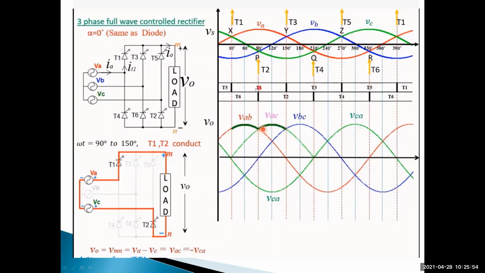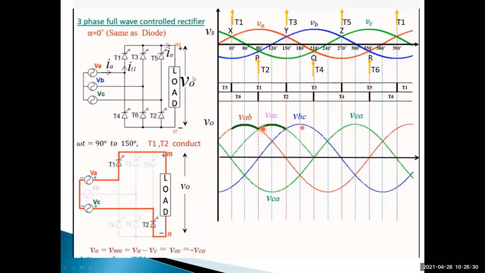Thyristor T1 shares the conduction duration of 120 degrees with T6 for part and with T2 for part. So during 90 to 150 degrees, T1 and T2 are forward biased, that is VA phase and VC phase. That's why the output voltage is nothing but VAC.